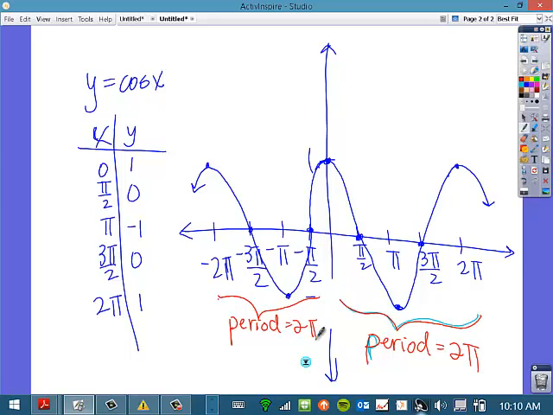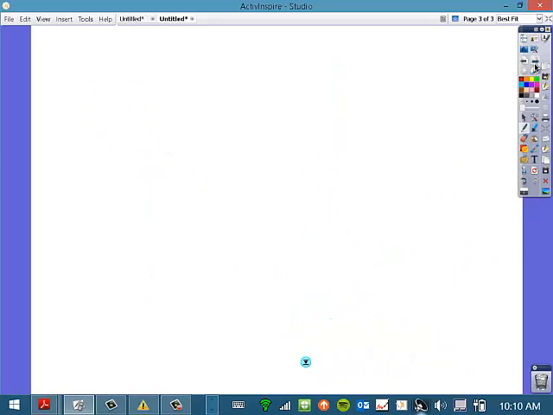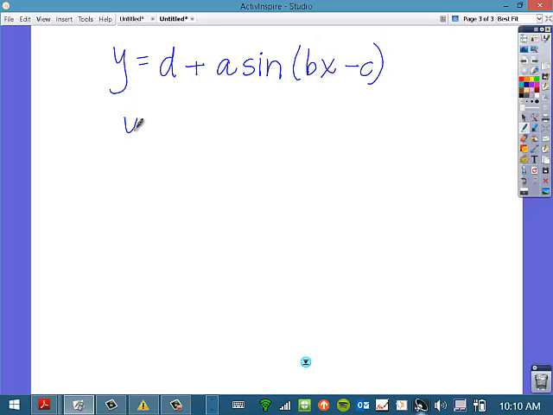Okay, so y equals sine of x and y equals cosine of x, those are the basics, but we can make some transformations to these functions. Here's the form: y equals d plus a sine of (bx minus c), and y equals d plus a cosine of (bx minus c).